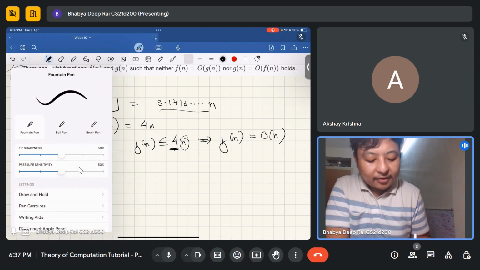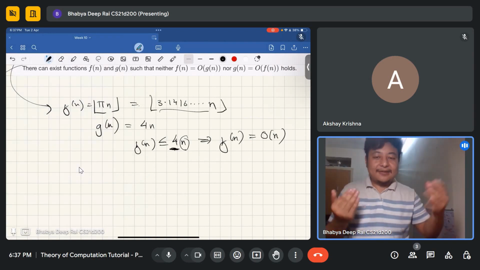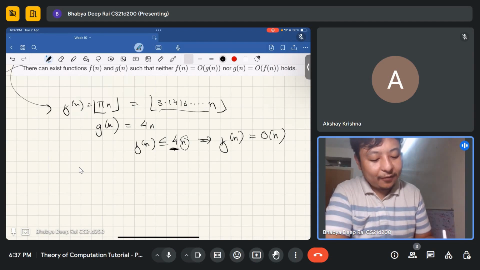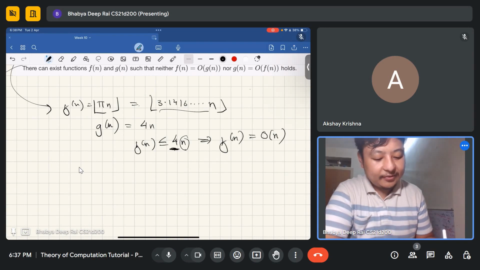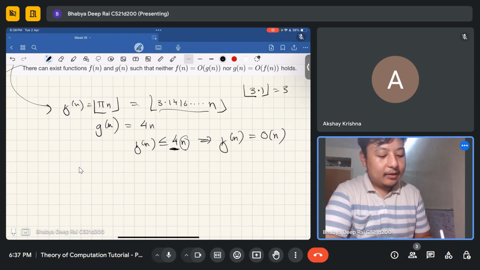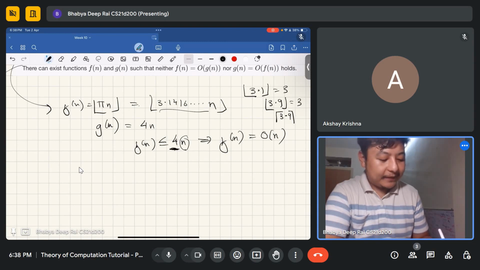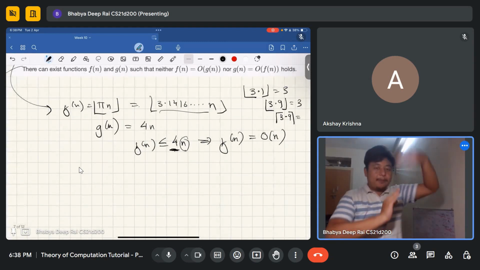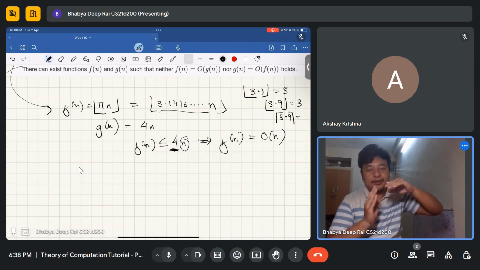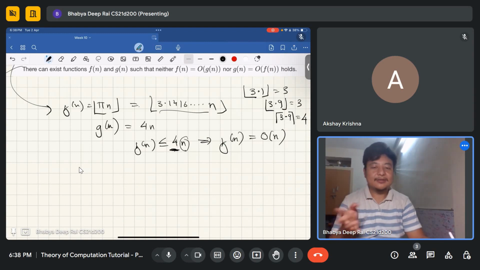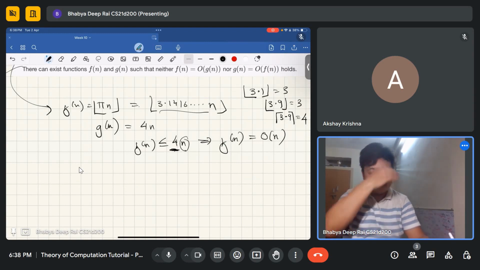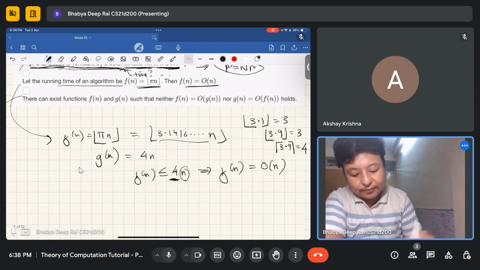Now that I've added the floor, I only get a lesser value, because the floor brings it down to the nearest integer. So for 3.1, the floor is 3, and for 3.9, the floor is 3. But if I do 3.9 with the ceiling function, I round up to the nearest integer above it, which is 4. So you see where the difference is: floor gives a 3 and the ceiling gives a 4. Anyway, this is true.